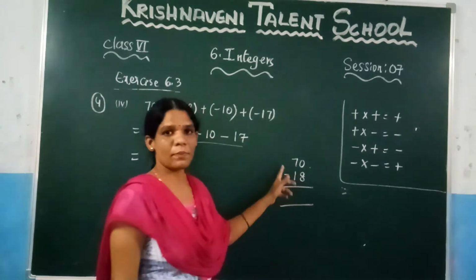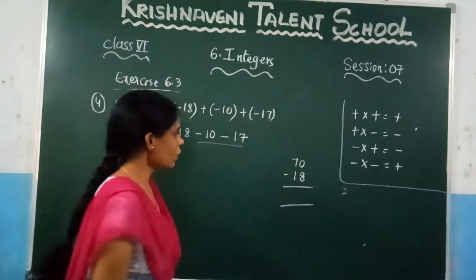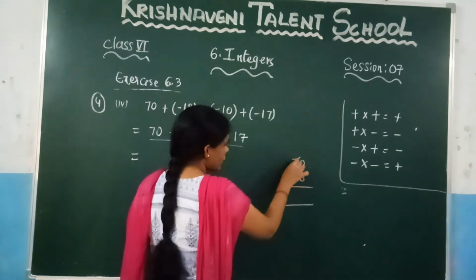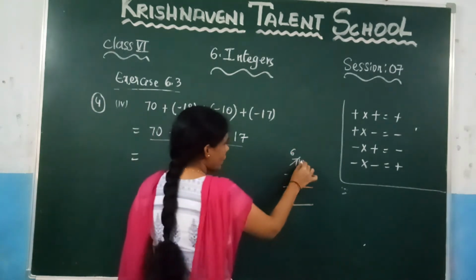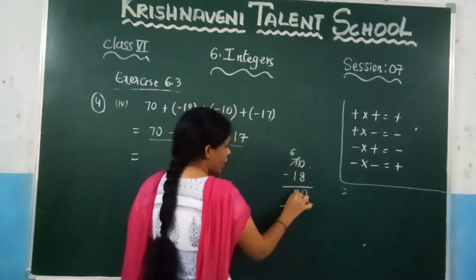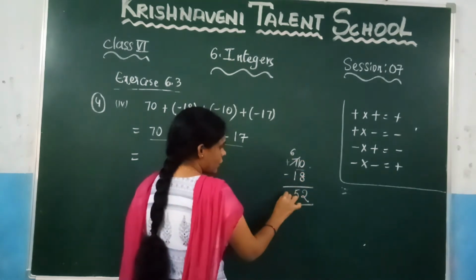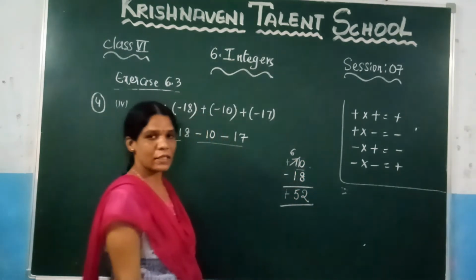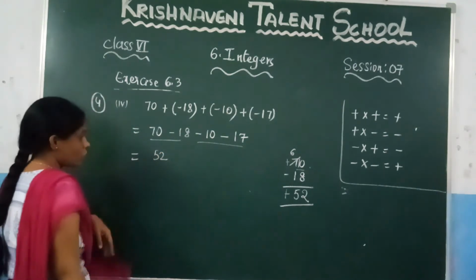Since both numbers have different symbols, you need to subtract. So let us subtract these values. Here you will get 6 and here you will get 10. Right? 10 minus 8 which is 2. 6 minus 1 which is 5. And for the bigger number, the plus symbol is there. For the answer, you will get the plus. So the answer is 52.